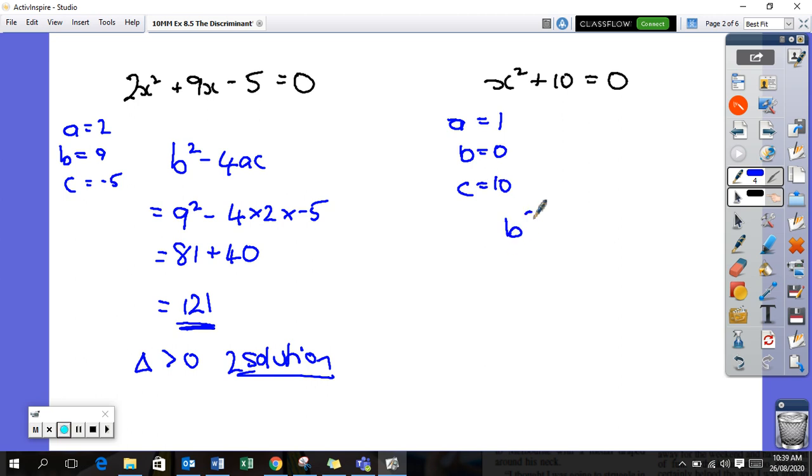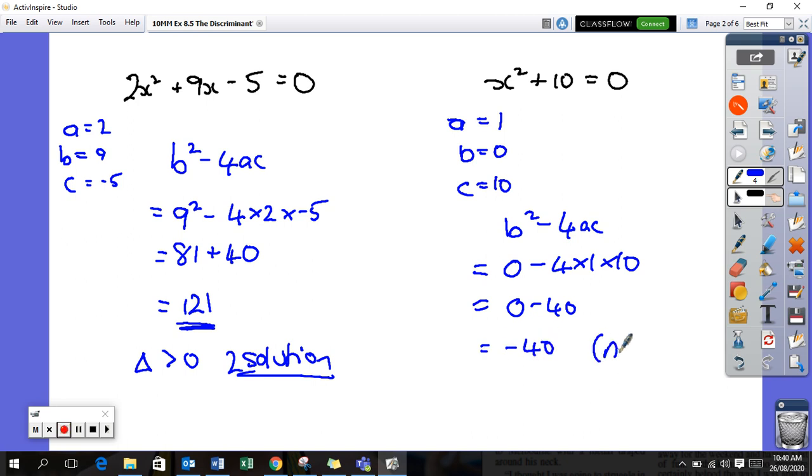So we go b squared minus 4ac is going to be, b is 0. So we're getting 0 minus 4 times 1 times 10. So minus 4 times 1 is minus 4 times 10 is minus 40. 0 minus 40 is just minus 40.